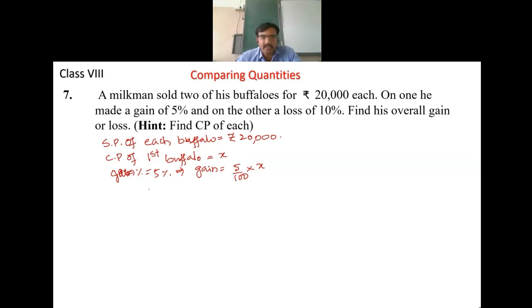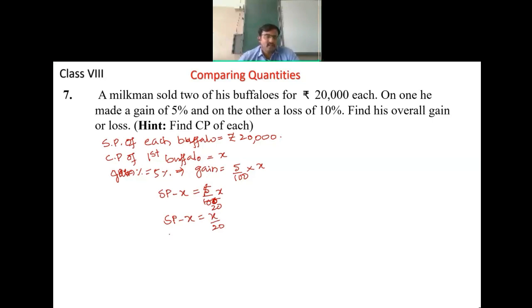Therefore, since there is a gain, SP minus CP is equal to 5 by 100 times of X. This we can simplify. So SP minus X will be equal to X by 20.